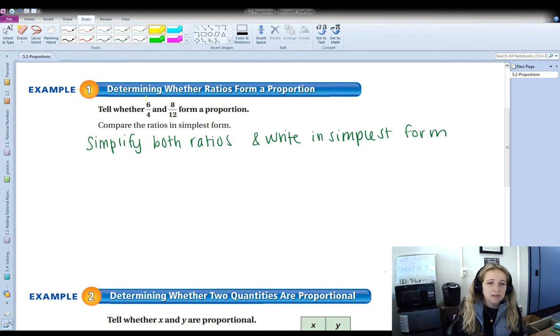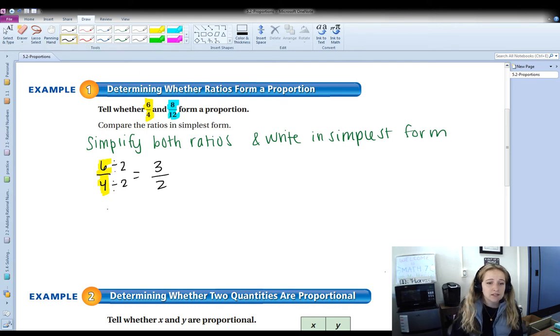So I'm going to take each of these and simplify them. So first, I'm going to take 6 over 4, okay? So 6 over 4 right here. What could we divide both the top and the bottom by to simplify it? Well, they're both even, so we could do 2. That's going to give me 3 over 2, okay? And this is as simple as it gets. So now I want to write the second fraction, which is 8 over 12.